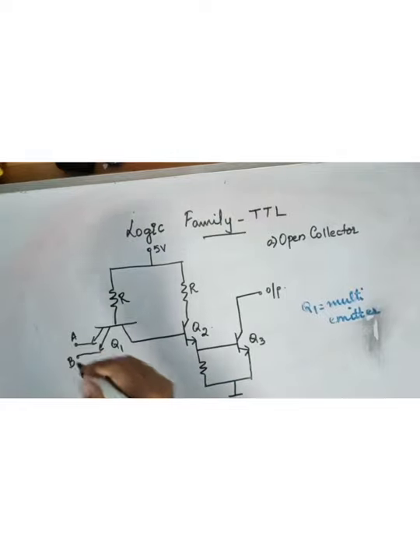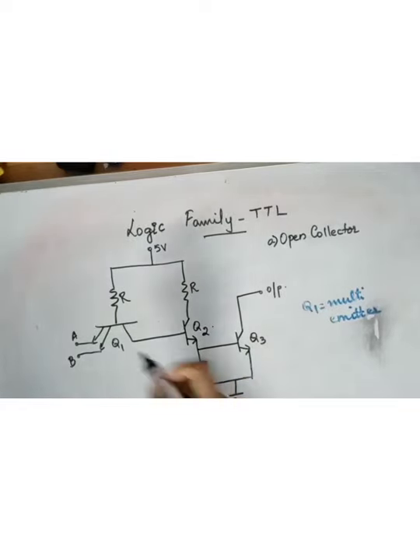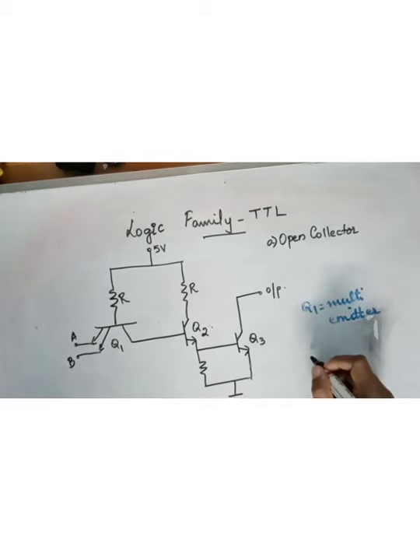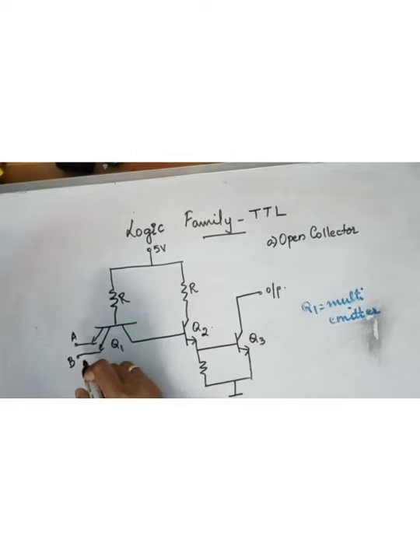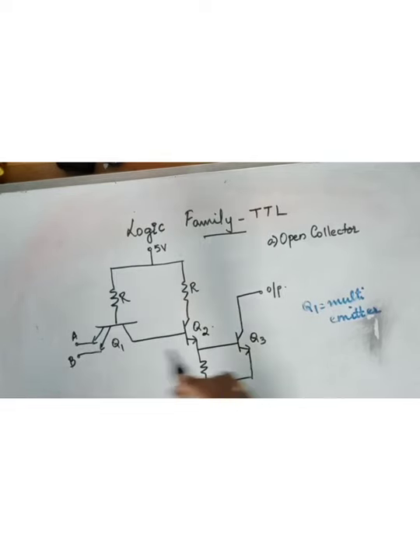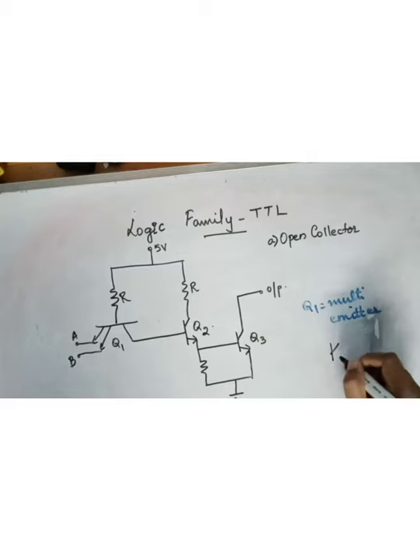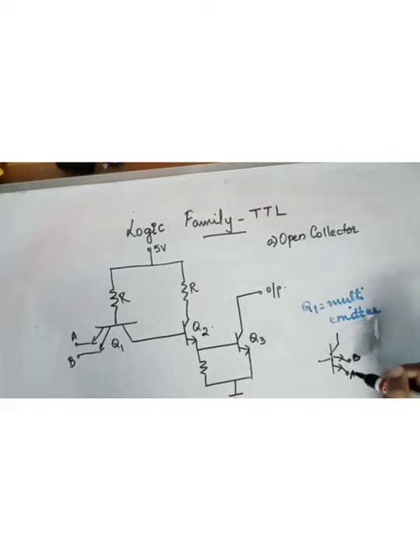So first what we'll do is, we'll just analyze this Q1. So Q1, the input is given to the emitter. So we know that Q1 is a multi-emitter transistor, and this is the base emitter voltage. You can see that this is an NPN transistor.